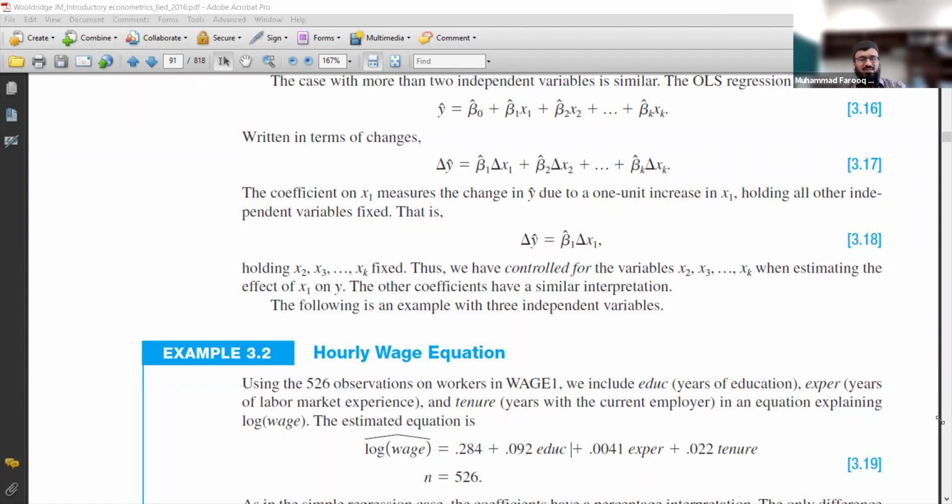So the property of log to the base e is that if I multiply 0.092 by 100, that will give me the percentage change in the original variable in levels. So my original variable was wage, on which I took the natural log. If I want to measure my effect in wage, not in log wage, because a 0.092 unit increase in log wage, what does that mean, right?